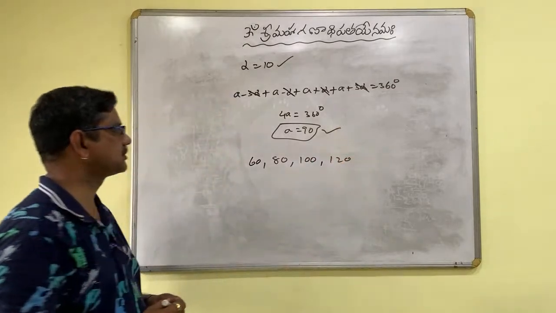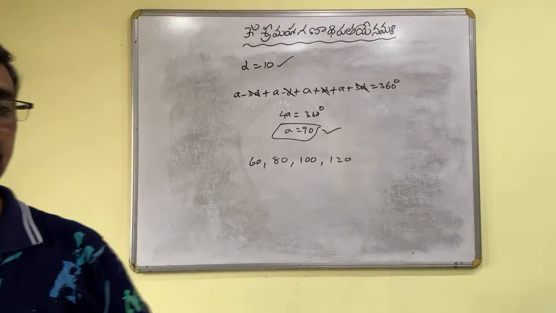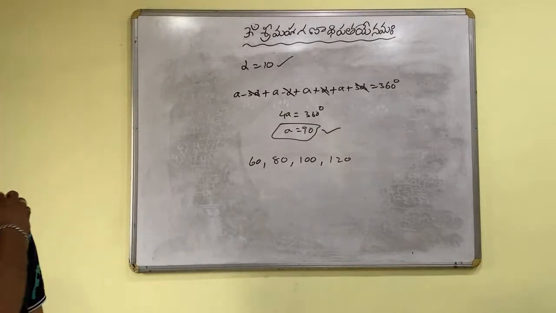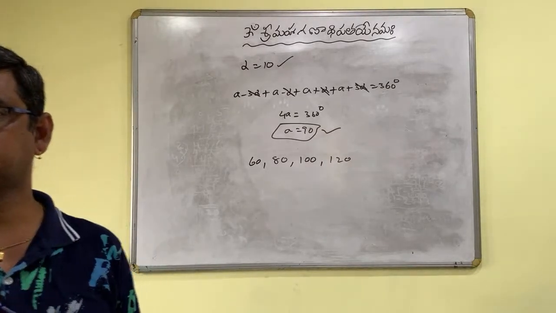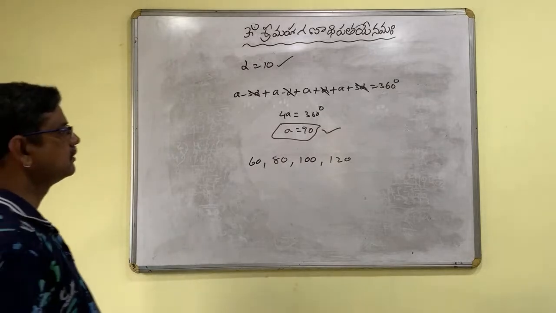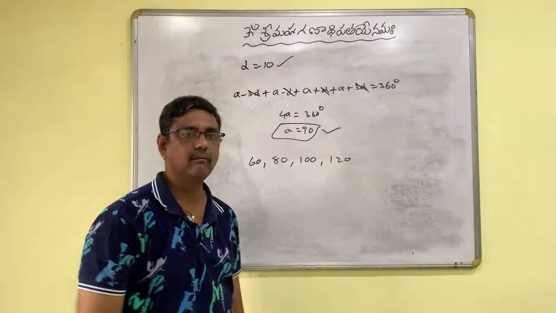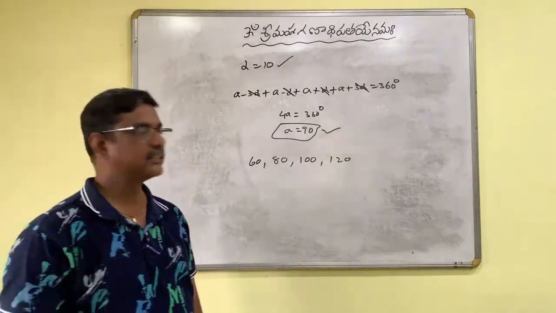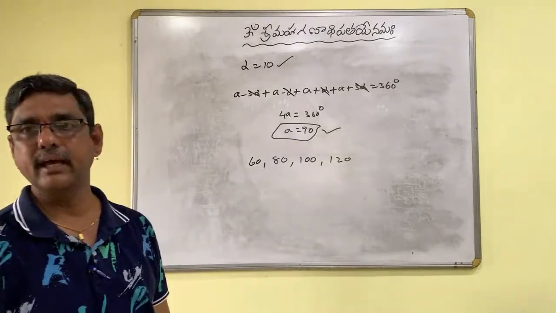These are the angles: 60, 80, 100, 120. So these are the four angles which are in AP.